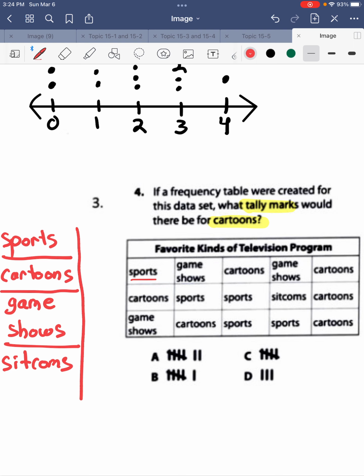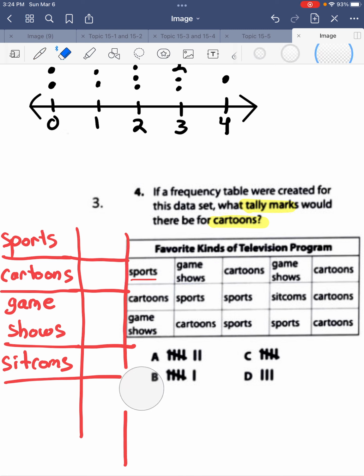I'm going to make a line and put how many tallies I have for each one. Now for sports, I'm going to cross them out.